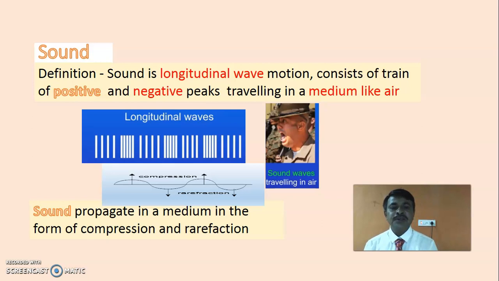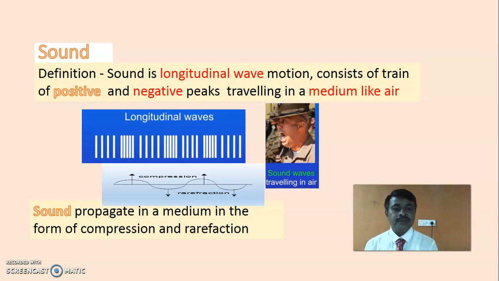Second, the definition of sound wave. Sound is a longitudinal wave consisting of a train of positive and negative peaks traveling in a medium like air. I repeat, sound is a longitudinal wave consisting of a train of positive and negative peaks traveling in a medium like air.